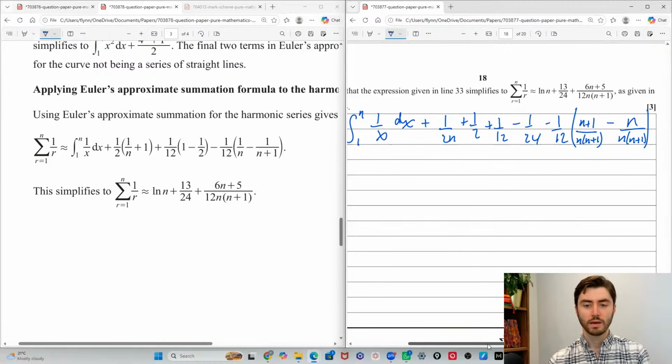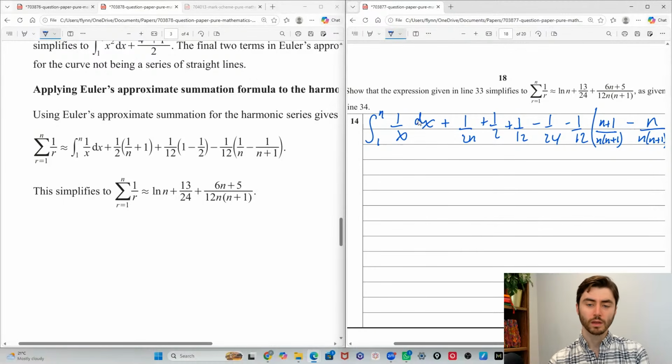Okay. Now the integral of 1 over x is just ln x. So that's ln x from 1 to n plus 1 over 2n. Let me combine all these constant terms. So I've got a half plus a 12th minus 1 over 24, which is 13 over 24.